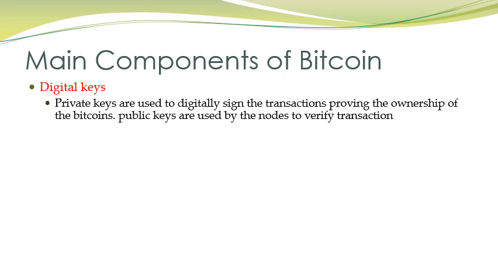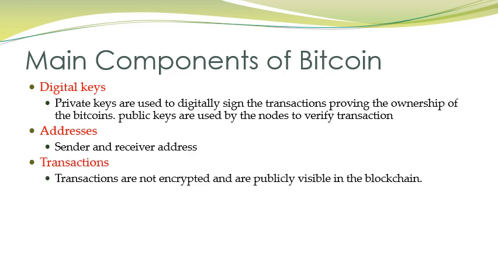So we have studied, students, what are the main components of Bitcoin. The first component is digital keys. Whenever the transaction is initiated, the node will sign the transaction. It will be signed digitally by using the private keys, and public keys are used by the nodes to verify the transaction. And then addresses are used to denote the sender and receiver. Transactions are not encrypted and are publicly visible in the blockchain.